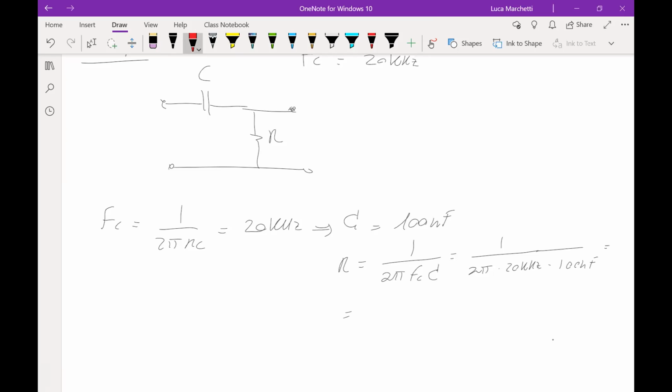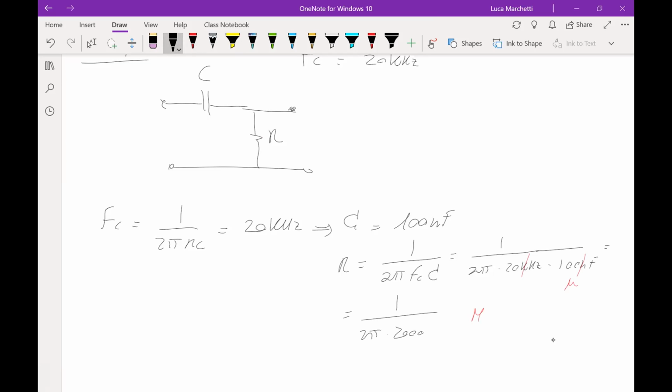Again, let's try not to use a calculator. Nano multiplied by kilo is equal to micro. 1 divided by micro is mega. So this is mega, whatever will come out. And the rest is 2 pi times 20 times 100, which means here 2000.